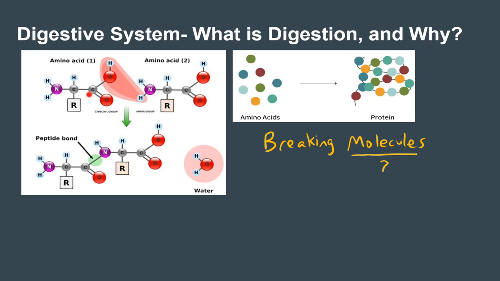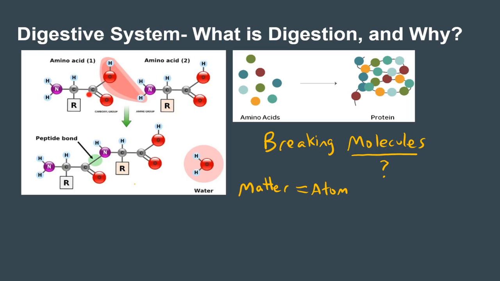So what are molecules? You remember that the basic building blocks of everything, the air, the table, you, anything that's matter, is made up of atoms. And there are different types of atoms.